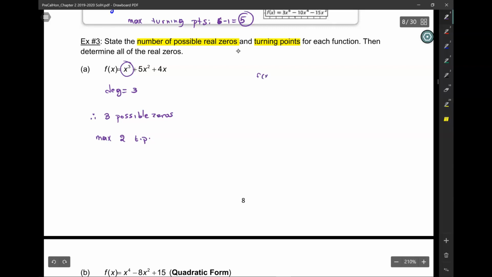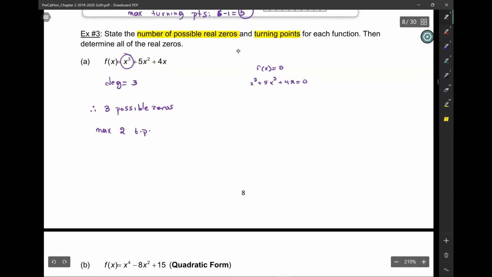To find the zeros, I want to set f of x equal to 0. So that means the function has to be set equal to 0. I'm going to factor.